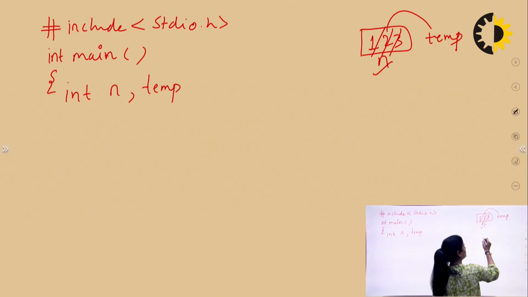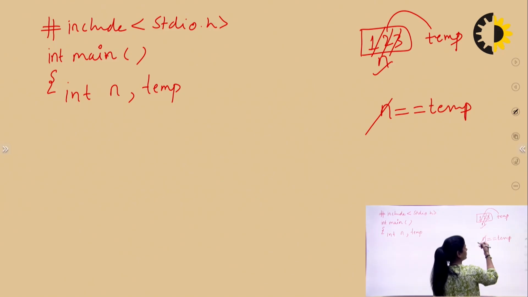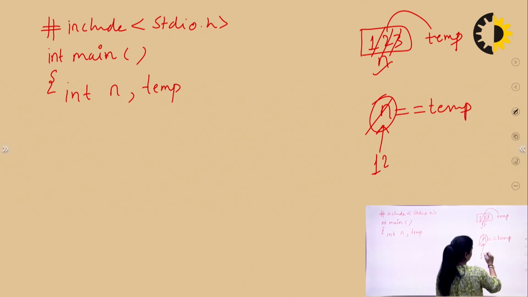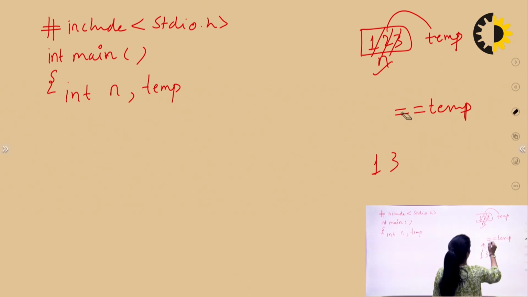When further you assign and compare n and temp variable, here n number will be changed. So it is not possible here my 1, 2, 3 number is exist. That the reason हम यहाँ temp variable को assign करेंगे.